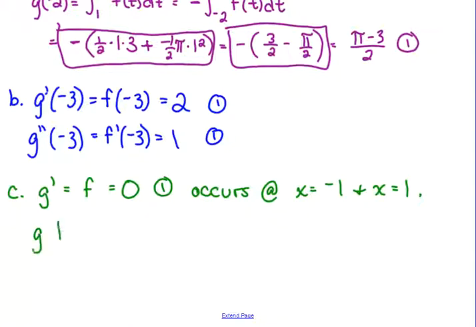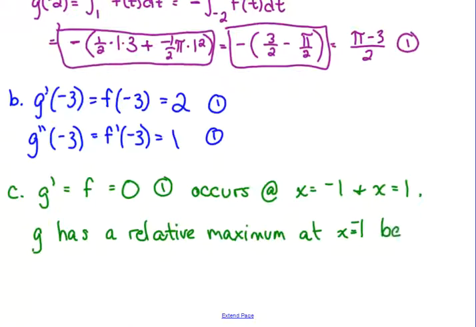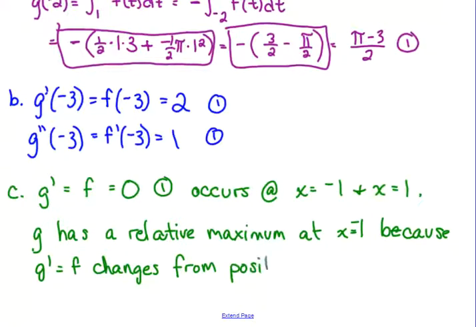So that means G has a relative maximum at x equals -1 because G prime equals F changes from positive to negative at x equals -1.